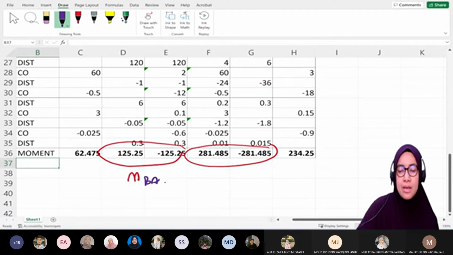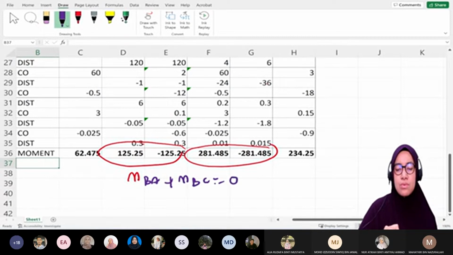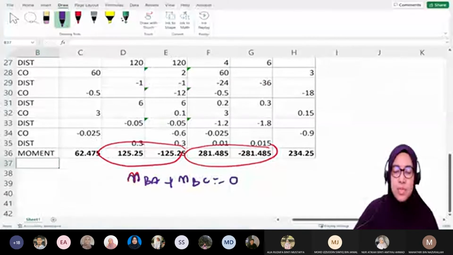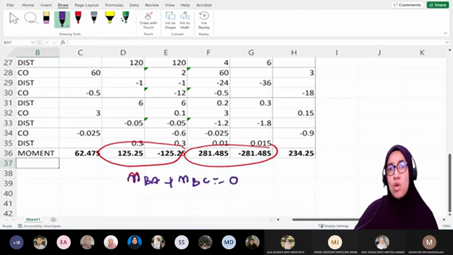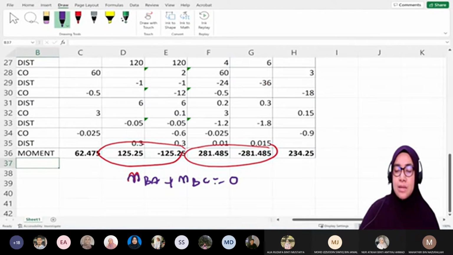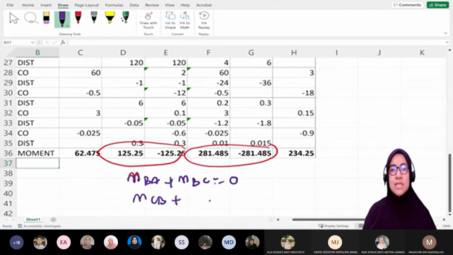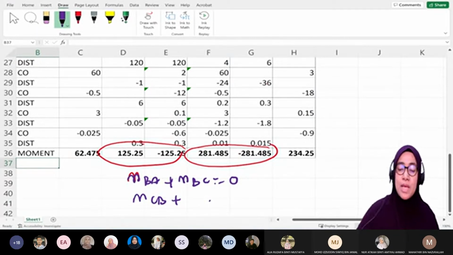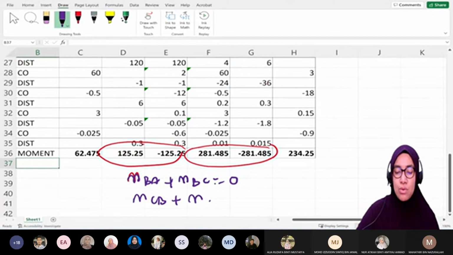Because MBA plus MBC equal to 0. This equation ada pada slope deflection method. And then another one, MCB plus MCD equal to 0. We must get 0. Kalau tak dapat 0 means ada something wrong somewhere.